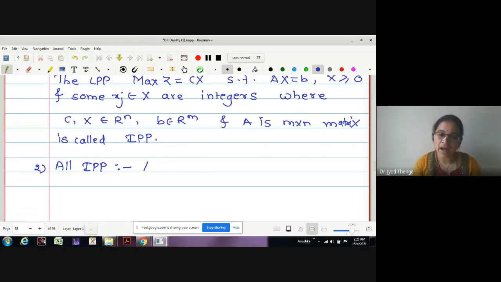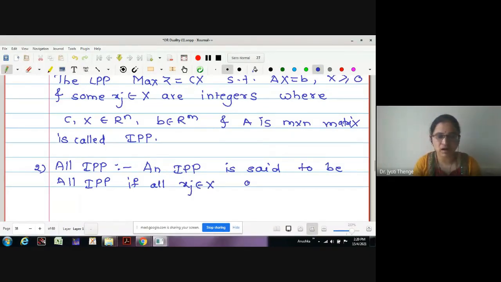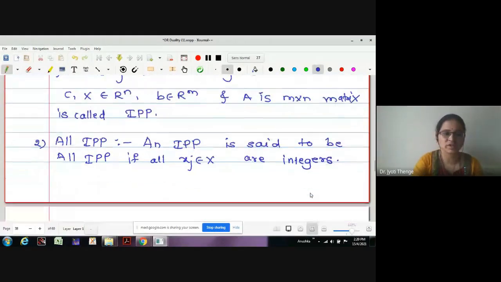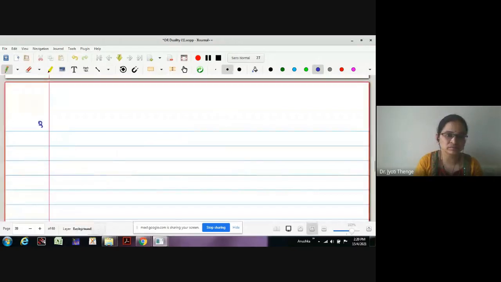Next, second, I will write all IPP. An integer programming problem, that is an IPP, is said to be all IPP, or all integer programming problem, if all xj belonging to x are integers. What is mixed IPP then?